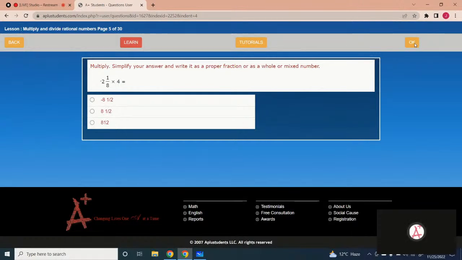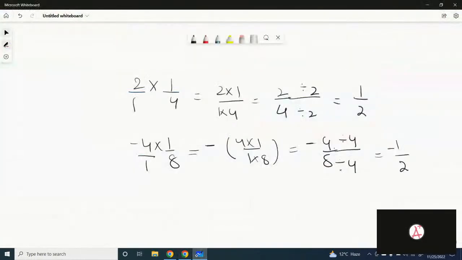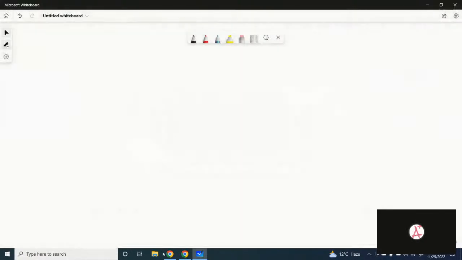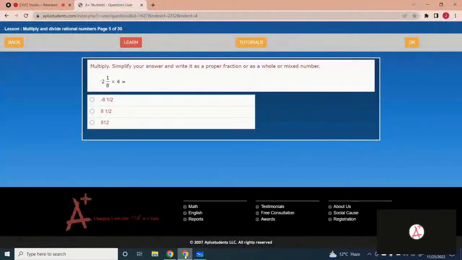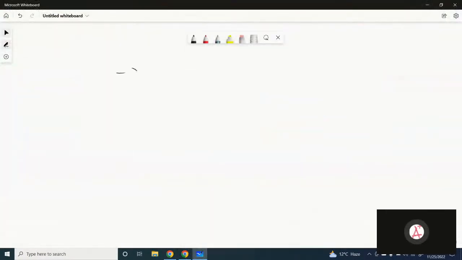Okay, the next one is negative 2 whole 1 over 8 multiplied by 4. Negative 2 whole 1 over 8 times 4.